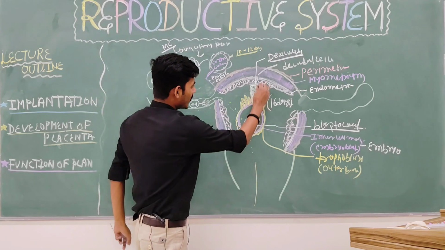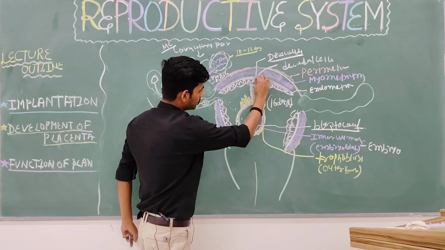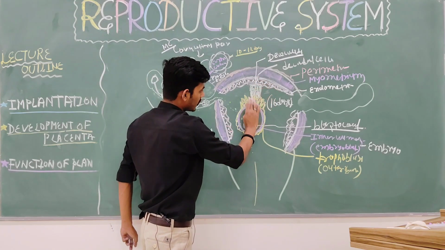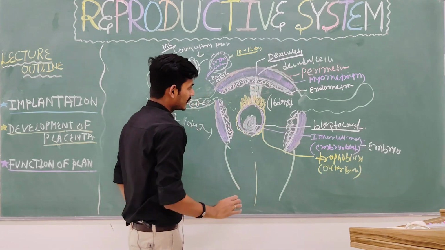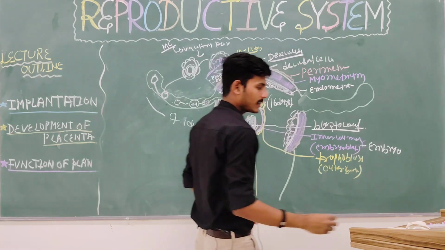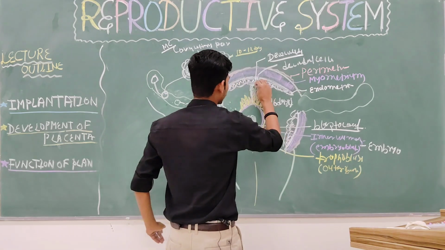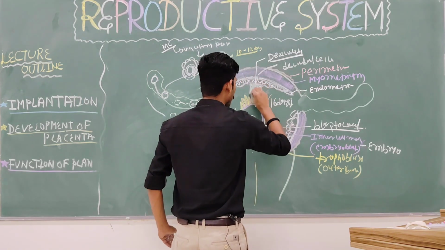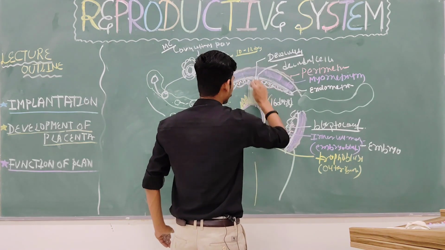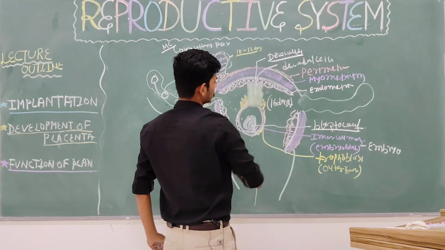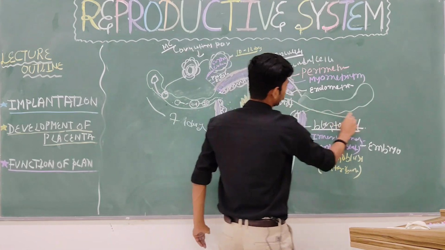Now once they form the structure, there will be formation of one strong structure, and that structure is called the placenta. It is referred to as the placenta.